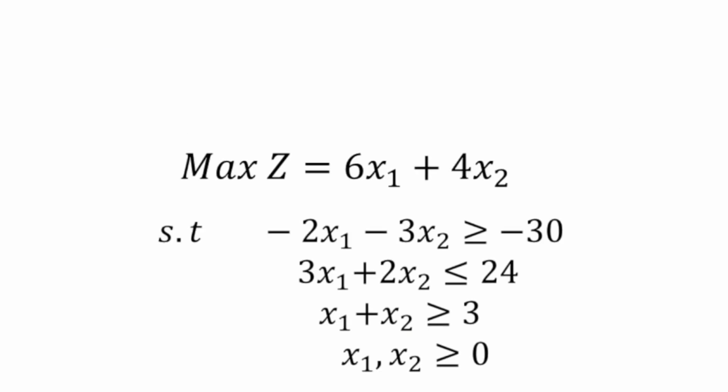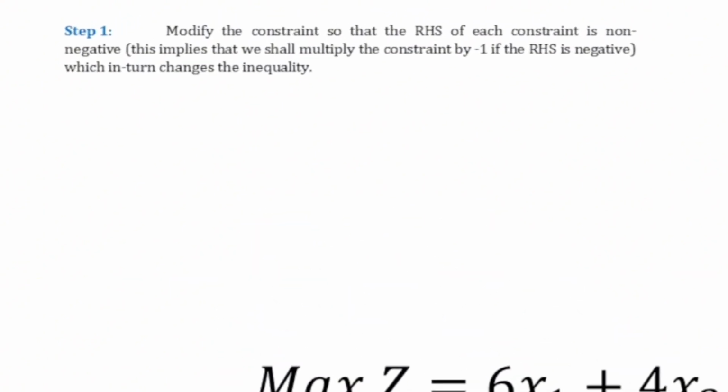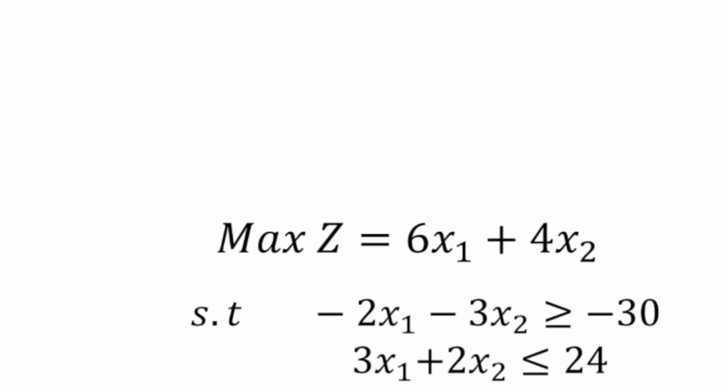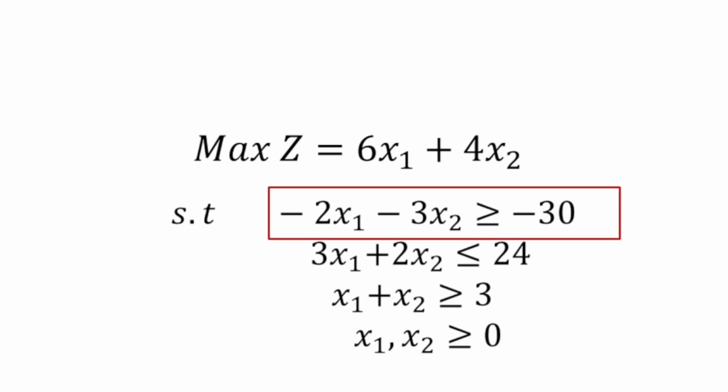We have a question: maximize Z = 6x1 + 4x2, and we have the constraints over here. Remember that step 1 says that if any of our constraints has a negative sign on the right hand side, we should multiply both sides by -1, so that we don't have a negative on the right hand side of the constraint. This particular constraint has a minus both on the right and on the left, but we are mostly considering the right side being negative, so we want to change that.